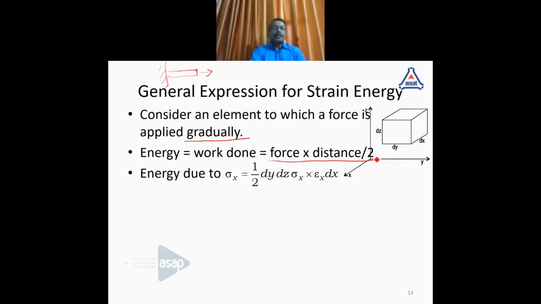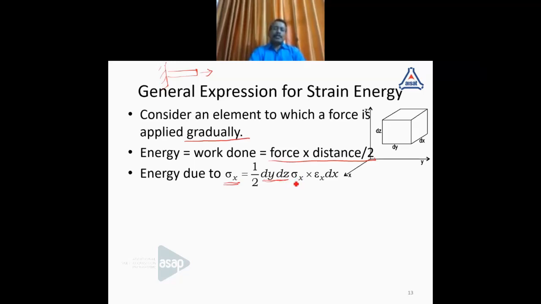So here the energy due to sigma x, that is the load applied in the direction of x, is: dy into dz is the area of cross section of the surface perpendicular to the x direction.